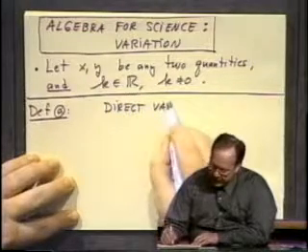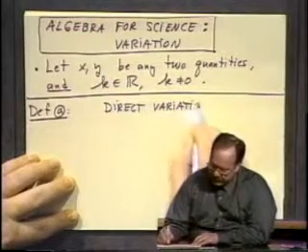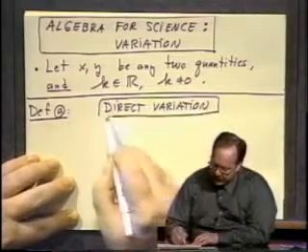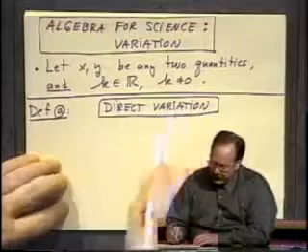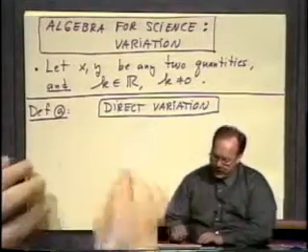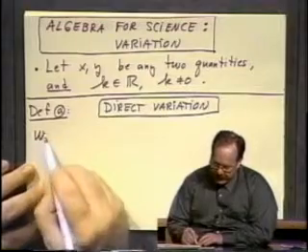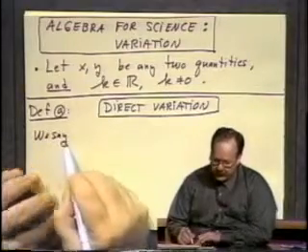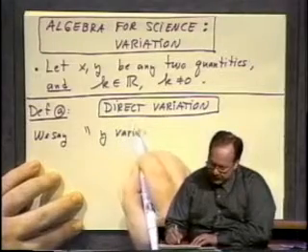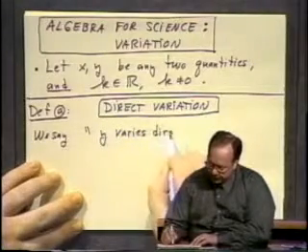Now this is terminology that is used in the sciences. It's not particularly a mathematical topic in that the terminology is really what's important here. The mathematics is fairly simple, as you'll see. Direct variation. We say the following. Here are the phrases that are used. We say y varies directly with x.